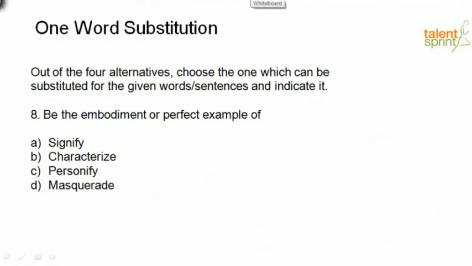Any guesses? When you say, Bhaskar, when you say signify, right? When I say I'm signifying something, which means I'm indicating or I'm suggesting or implying something. It's almost like a sign, right?